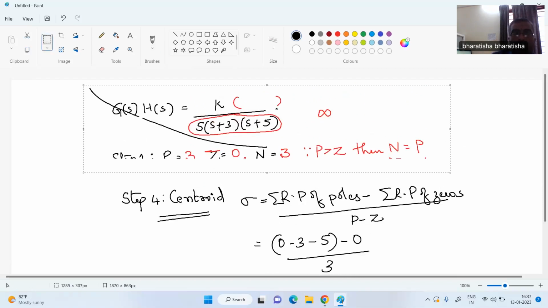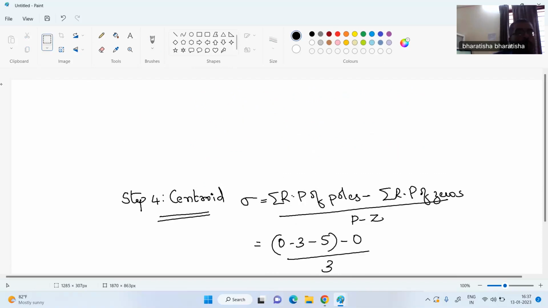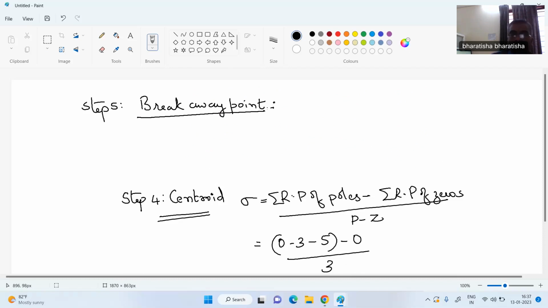So we'll move on to step 5. Under step 5, you have to find out the breakaway point. The breakaway point is a point from which the root locus will break into branches.